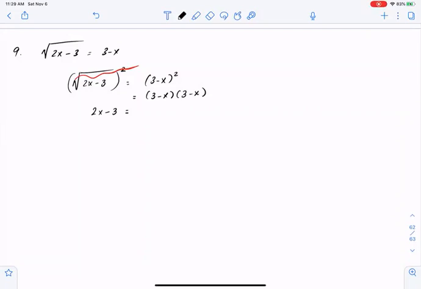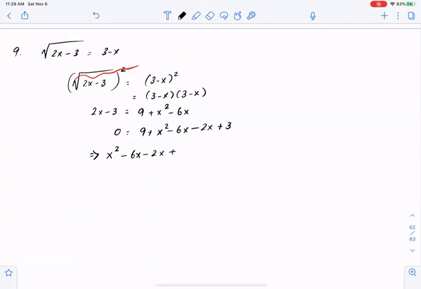If I FOIL, I'll end up getting 9 plus x squared minus 6x. Going to move all terms to one side so that the other side is 0. 9 plus x squared minus 6x minus 2x plus 3. Which would mean x squared minus 2x minus 6x plus 12 is equal to 0.